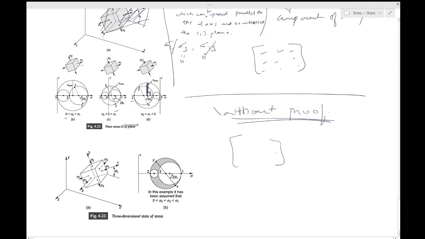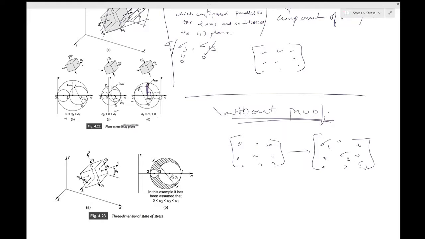If you have this general three-dimensional state, there is an orientation with sigma 1, sigma 2, and sigma 3, three mutually perpendicular directions along which the shear stresses will be 0. These are three mutually perpendicular planes on which there are no shear stress components. The normals to these planes are called the principal axes of stress at that point.